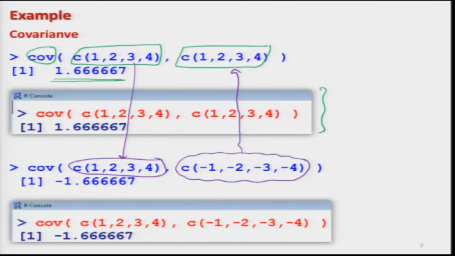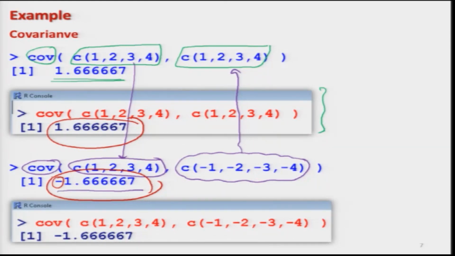So, now the value of the covariance comes out to be minus 1.66 and so on. You can see that these 2 values, which I am now highlighting in red color, have the same magnitude, but only the sign is opposite, and here is the screenshot.